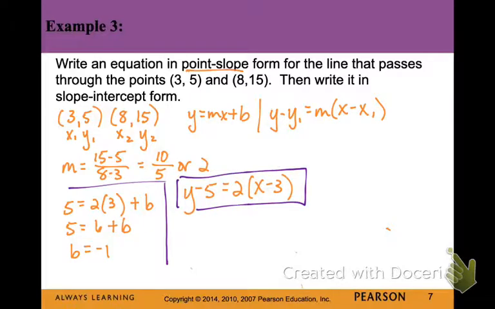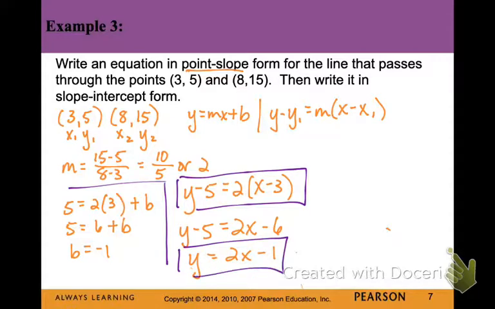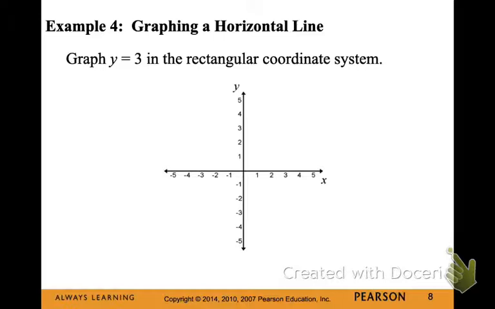So there's my formula in point-slope form using the point (3, 5). Now I'm just going to do some math, distribute that 2, solve for y, and there I've got it in slope-intercept form. Typically, we don't leave our linear equations in point-slope form because slope-intercept is so much more helpful.